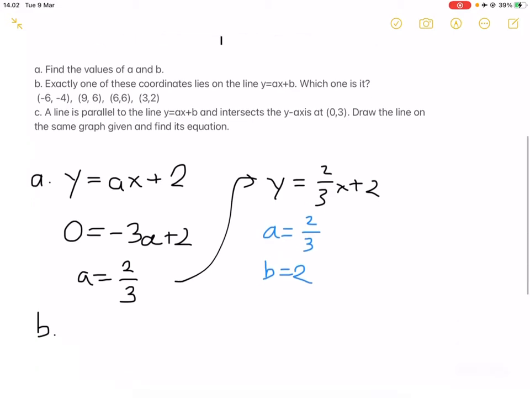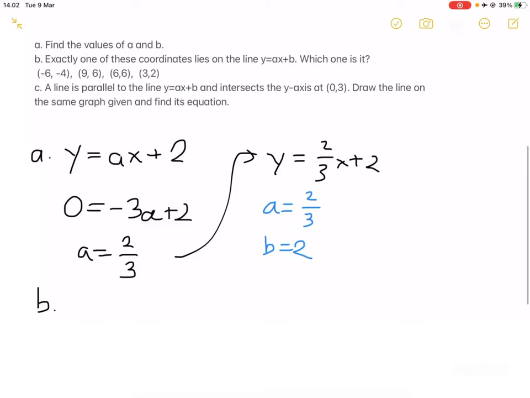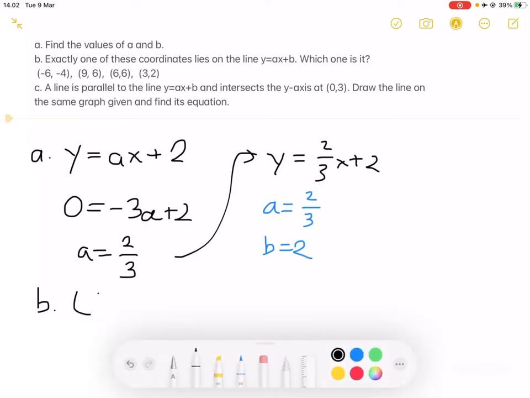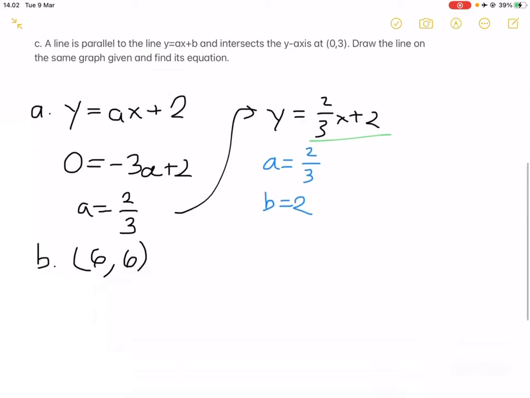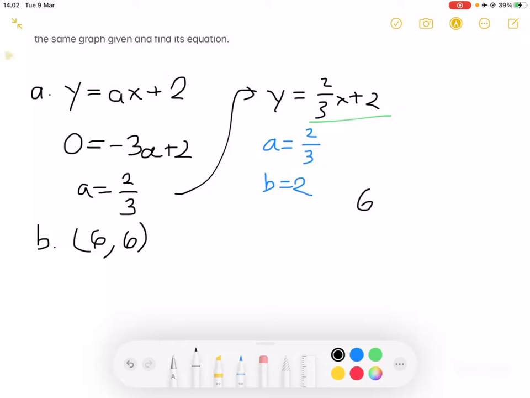And if you do it that way, you will notice that the coordinate (6, 6) lies on the line y equals 2 over 3x plus 2 here. Because if you plug in those values, you'll get 6 is equal to 2 over 3 times 6 plus 2, which is indeed true. So this does lie on the line y equals 2 over 3x plus 2.